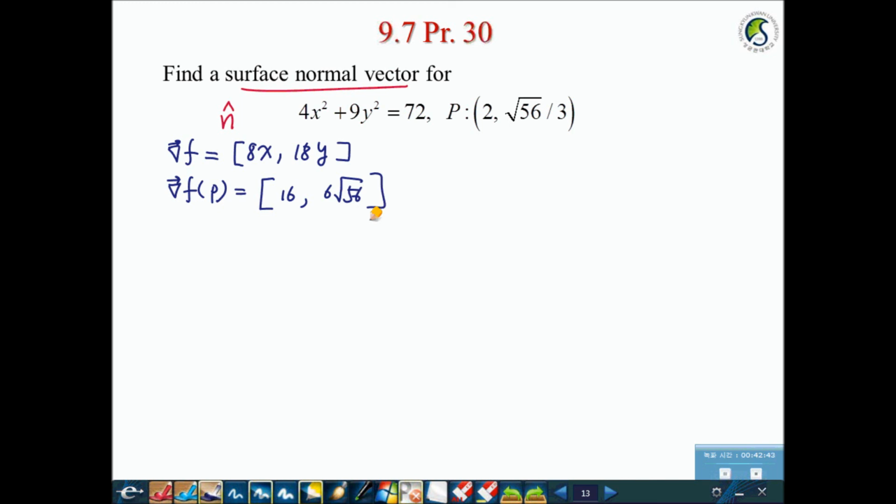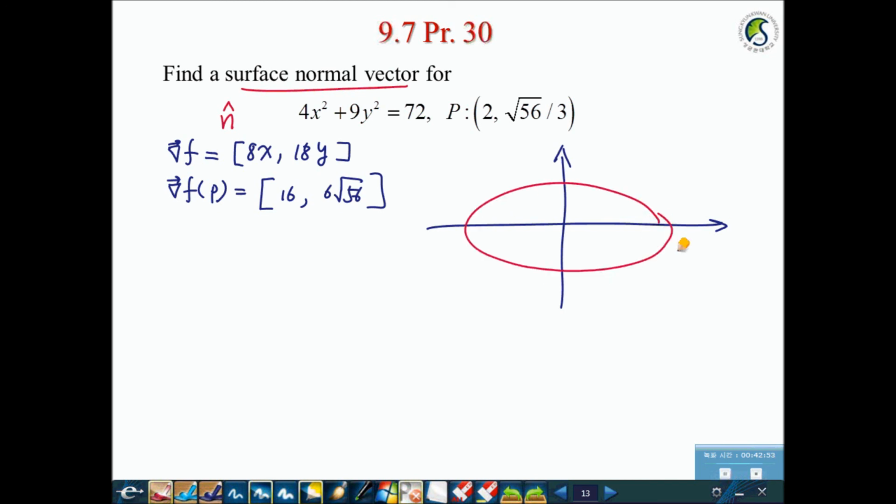And if you draw that, you have an ellipse here. This is 3 root 2, this is 2 root 2, I guess. And P is 2 and 56 over, so it's like here. And the gradient has to be something like that, right?